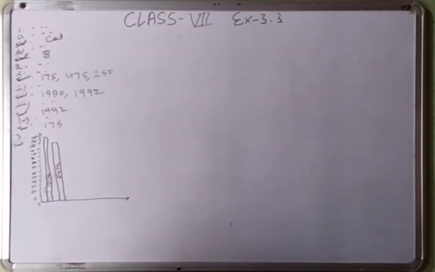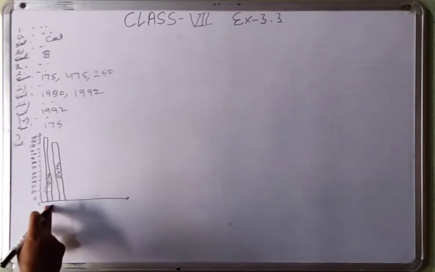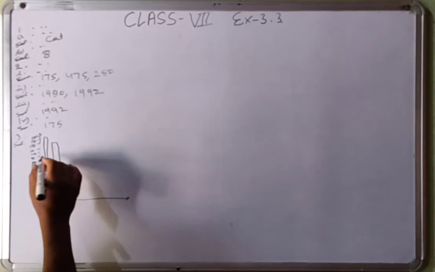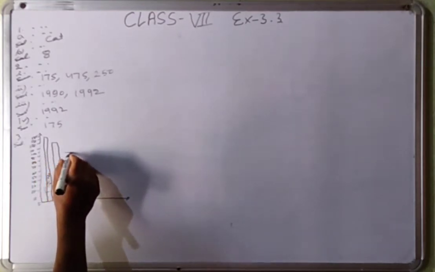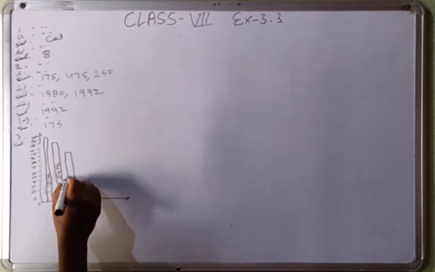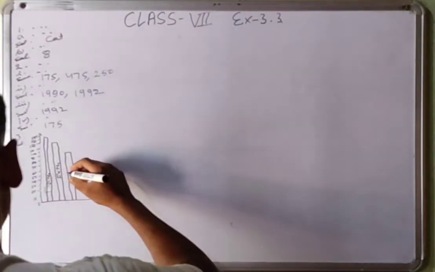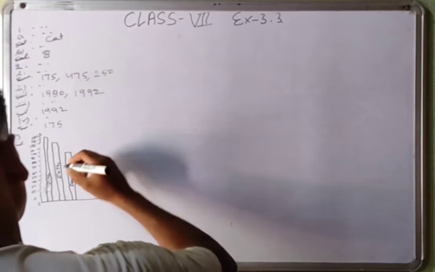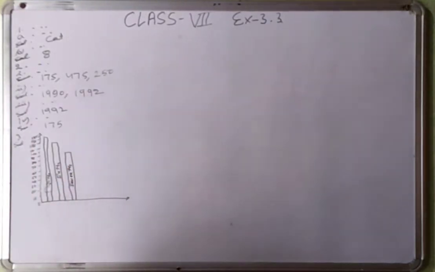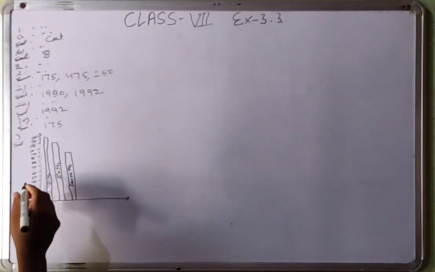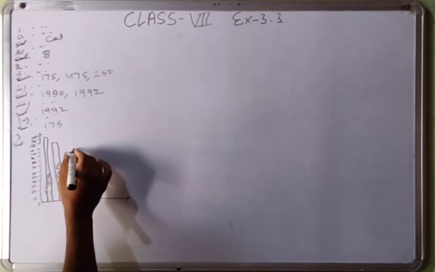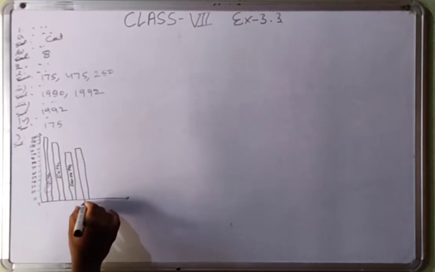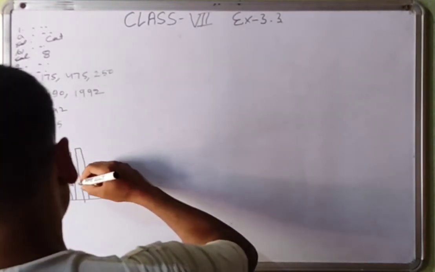And then you can write here also 95. That will come up to here. This is seventh. And then 100, English is just up.